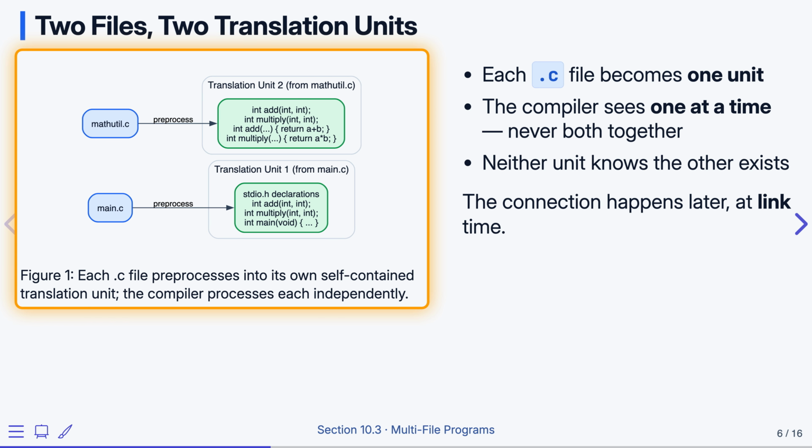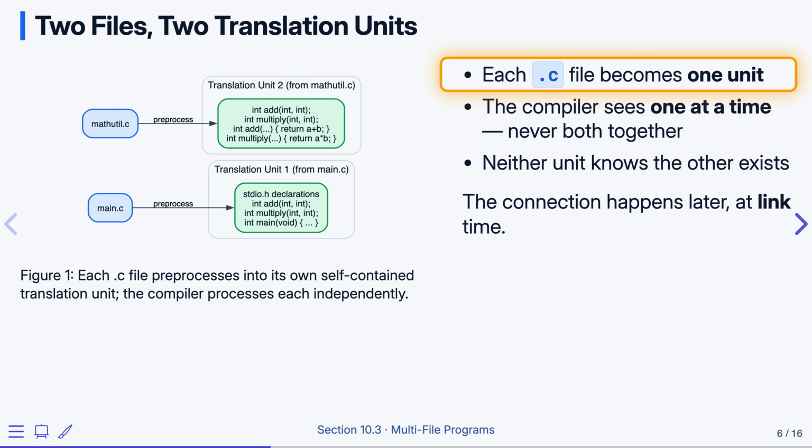This figure shows the idea. On top, main.c preprocesses into translation unit 1 with the stdio declarations, the add and multiply prototypes, and the main body. Below it, math_util.c preprocesses into translation unit 2 with the same prototypes plus the actual bodies.